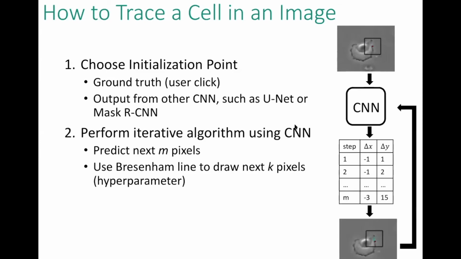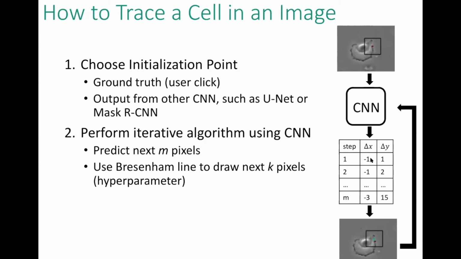Then what we do is perform an iterative algorithm using our CNN. So we take this black patch, we pass it through our CNN. Our CNN outputs the next M predicted pixel displacements in X and Y. And then we take these M predicted pixel displacements and we overlay them on top of our image. Then we move our black box and this is passed back into our CNN.